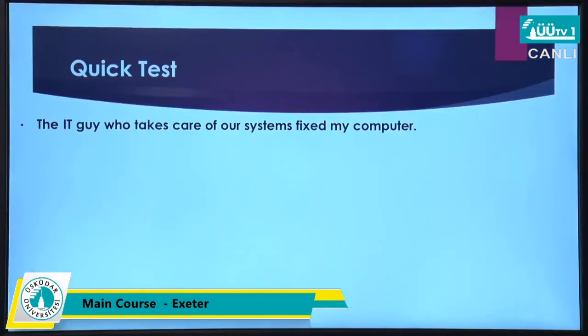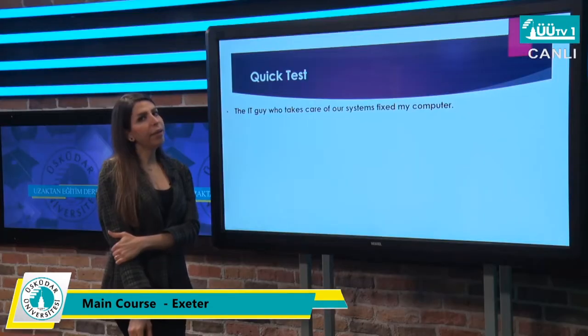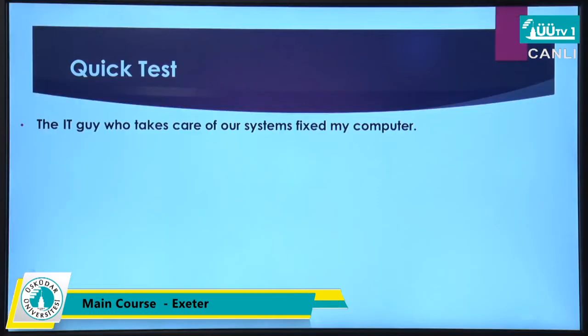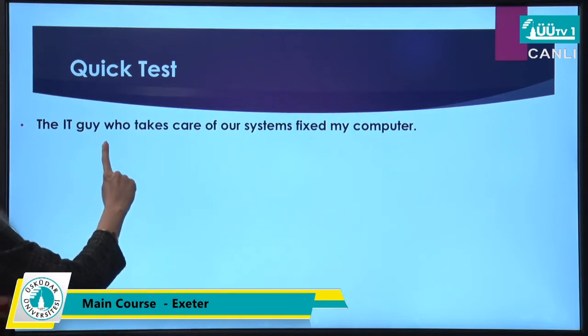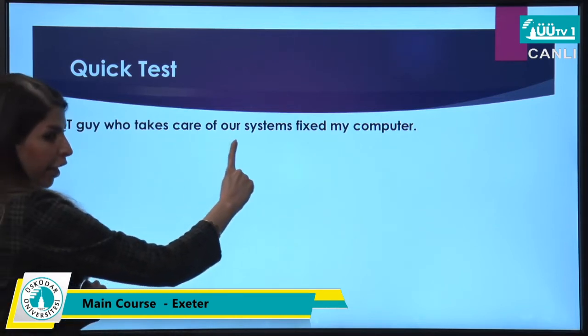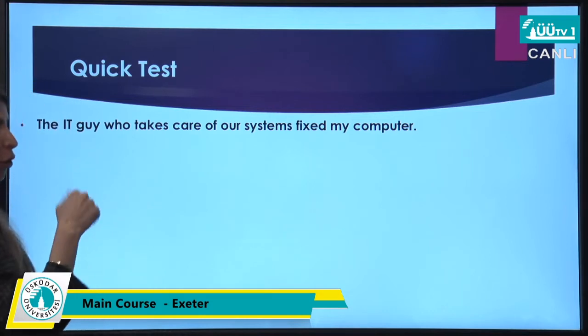The IT guy who takes care of our systems fixed my computer. What do you think here? Think about it. Defining or non-defining? First of all, try to figure out which part is relative clauses. Who takes care of our systems. You're right.